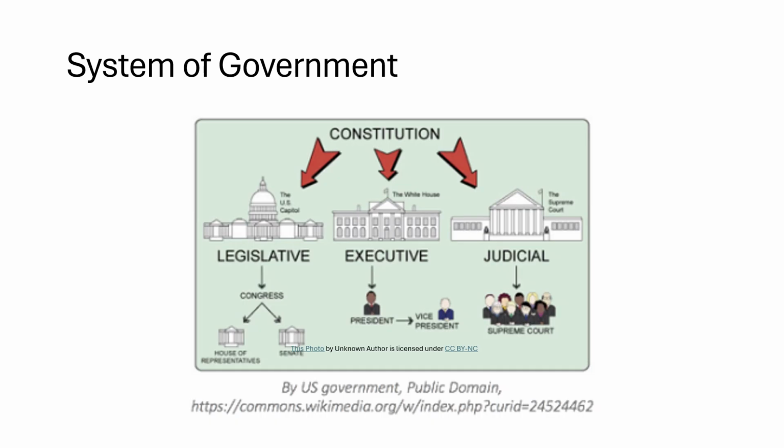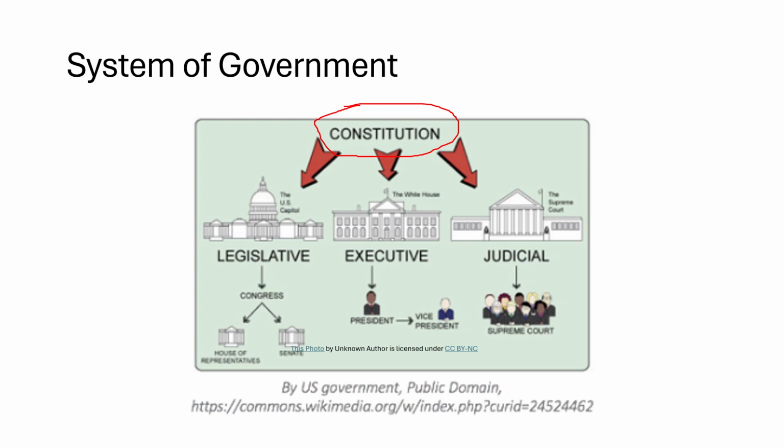Several times, I'll show you this illustration that is a good review, I think, a good reminder that at the top is the Constitution. Every branch of the government is supposed to follow the Constitution.